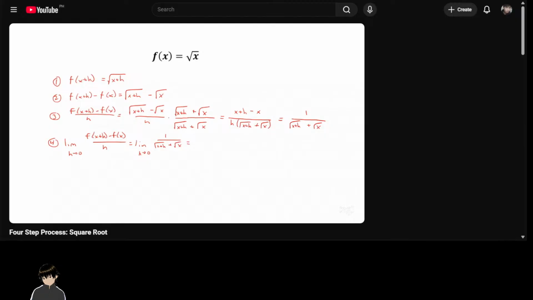As h goes to 0, the square root of x plus h simply becomes the square root of x. You've got 2 of those, and so we end up with 1/2 square root of x in the denominator, or 1/2 x to the minus 1/2. So the derivative of the square root of x is equal to 1/2 x to the minus 1/2.